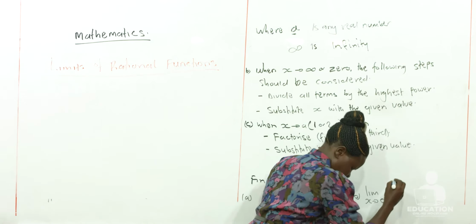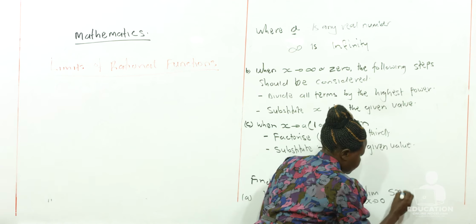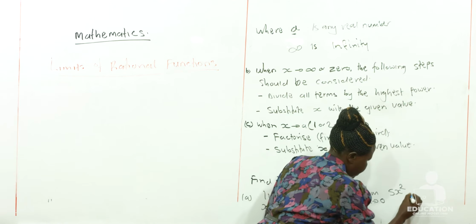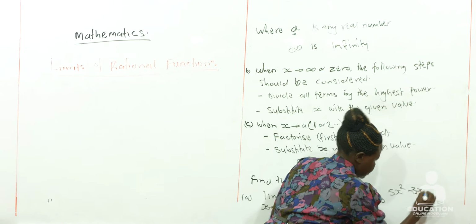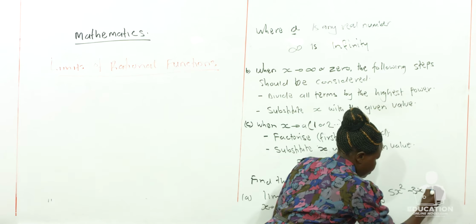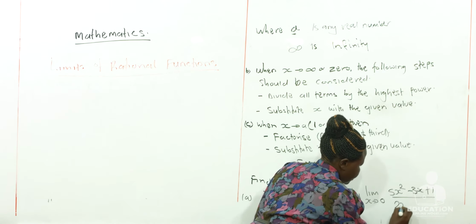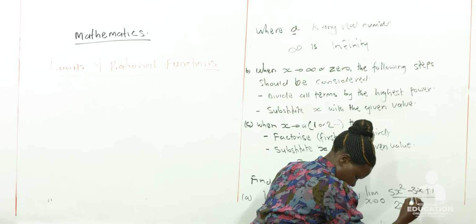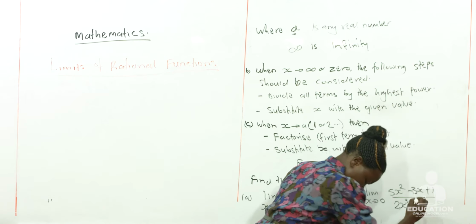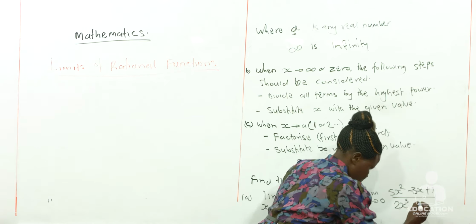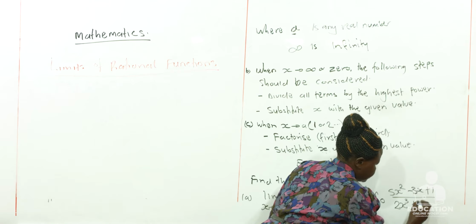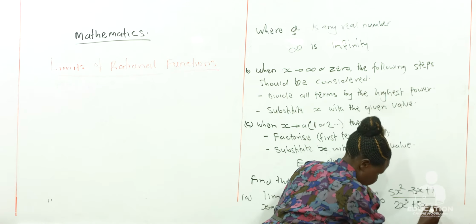Then we have 5x square minus 3x plus 1 over 2x cubed plus 5x minus 4.